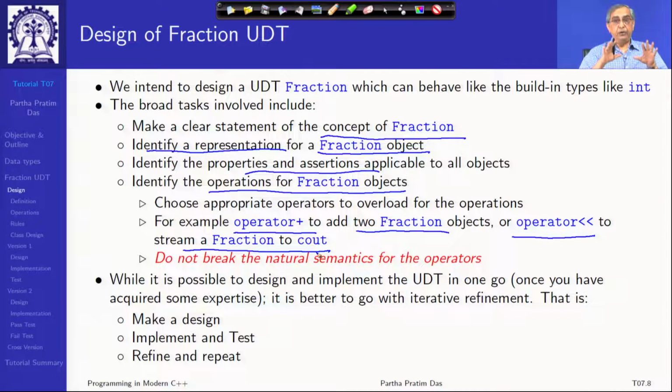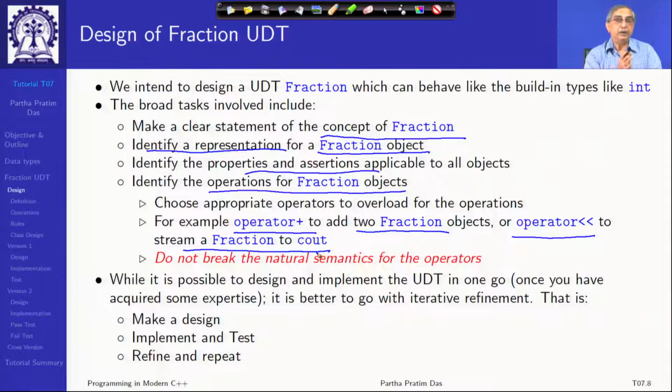But be careful not to break the natural semantics of the operator. For example, you say operator plus, but actually you are trying to do a multiplication of two fractions. Do not do that, because that breaks the meaning and the overall value of making a UDT is lost, because the whole idea is that looking at the operator, the user should be able to identify without any documentation or anything what is intended.